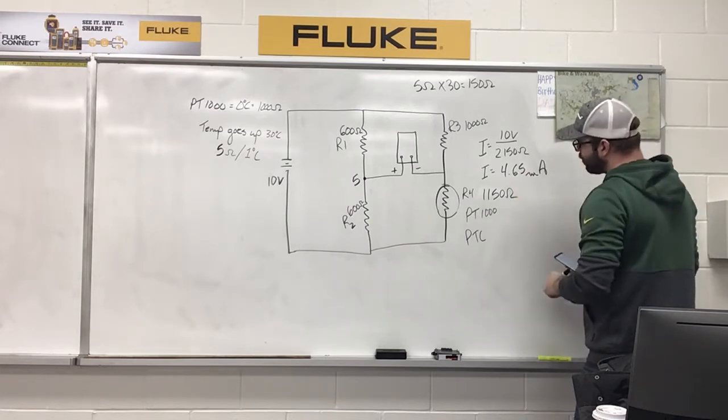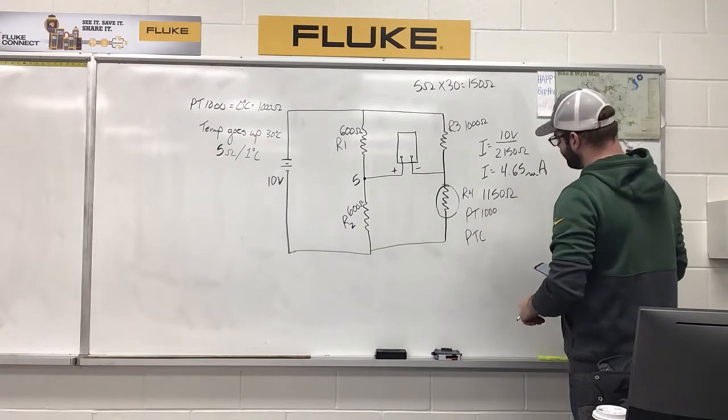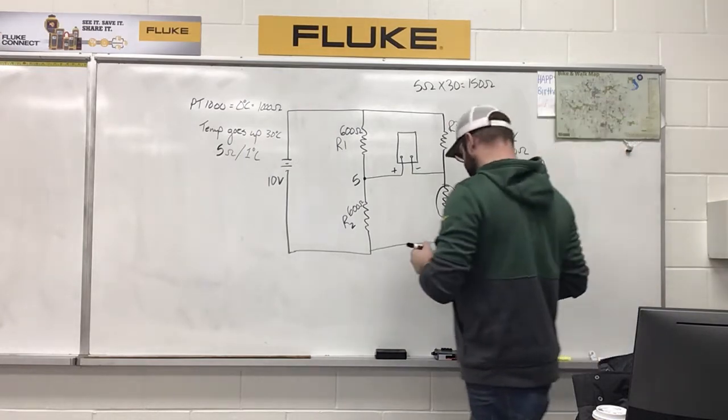So if we have 4.65 milliamps going through our PT1000, and we know that there's 1,150 ohms, we can calculate out what our voltage is.